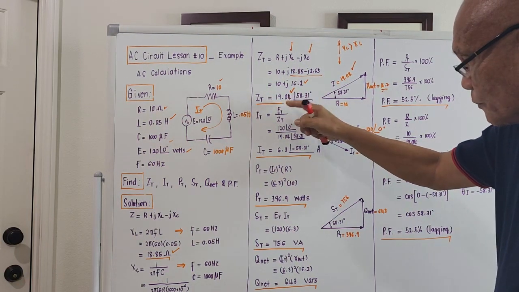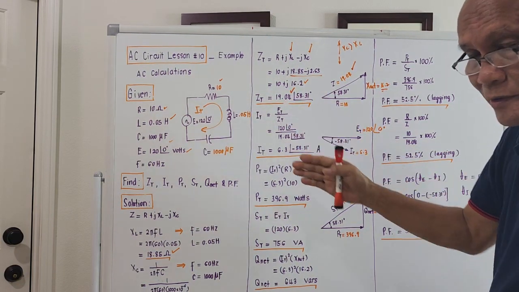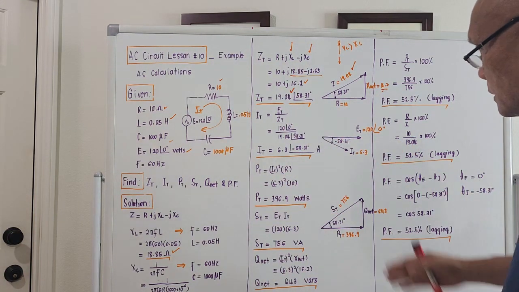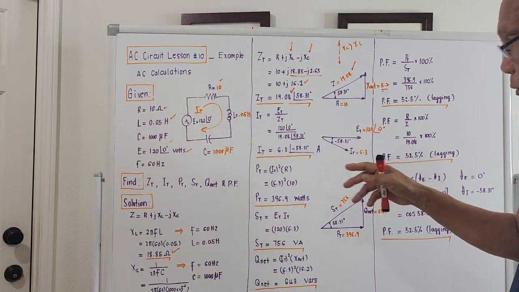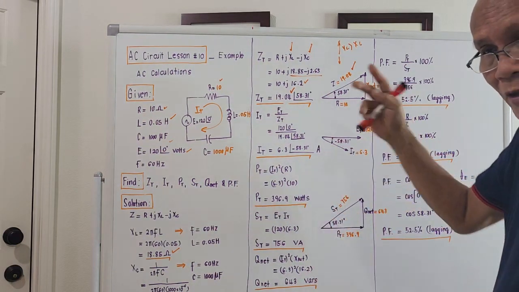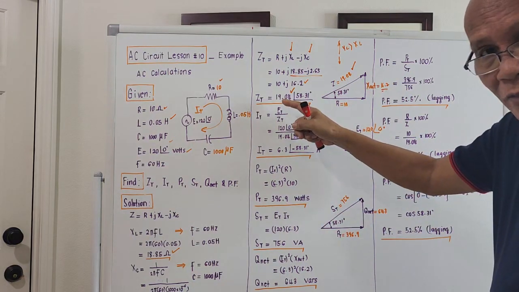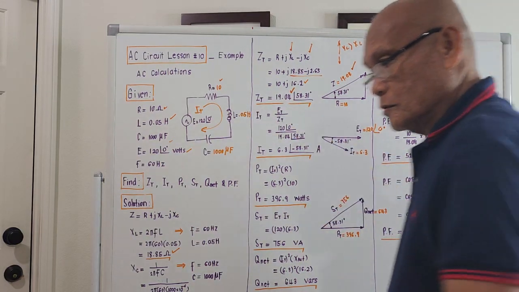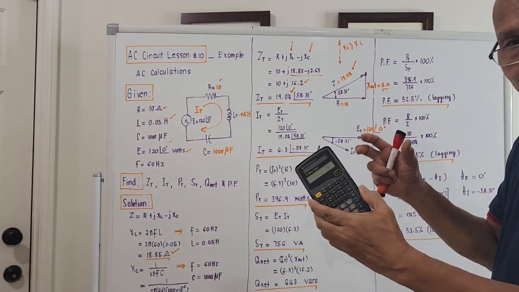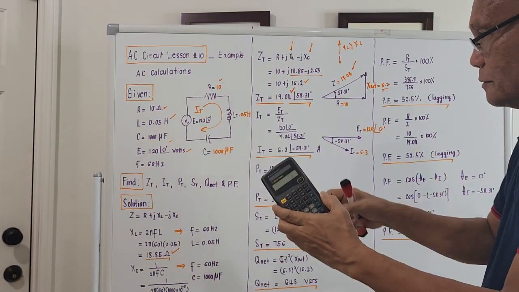This is very important because if you made a mistake on this one, your total current is wrong. And for the third solution, the Pythagorean principle: 10 squared plus 16.2 squared, take the sum, then take the square root, and what will come out will be 19.05 ohms. So that is all on your calculator. If you are on the board exams, you don't have to show it.